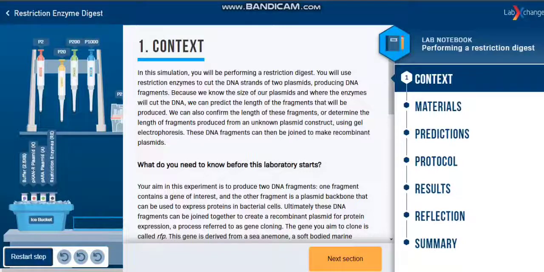We can also confirm the length of the fragments, or determine the length of the fragments produced from an unknown plasmid, using gel electrophoresis. The DNA fragments can then be joined to make a new plasmid.